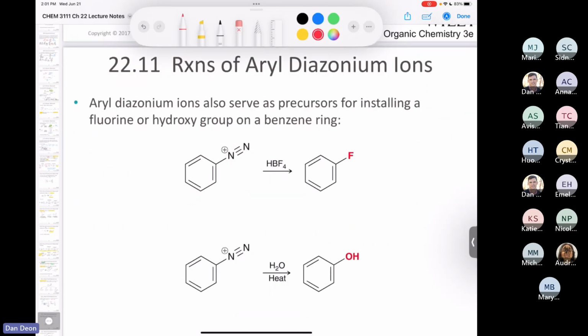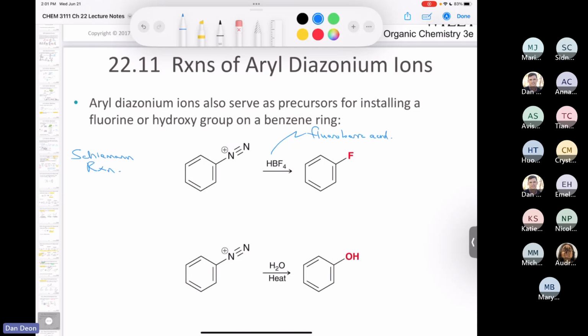There are some other ones here that I can't give you any more information on other than memorize it, really, because our book doesn't go into any detail about these reactions whatsoever. This first reaction is called the Schiemann reaction. I think the name is in the textbook. It uses fluoroboric acid.